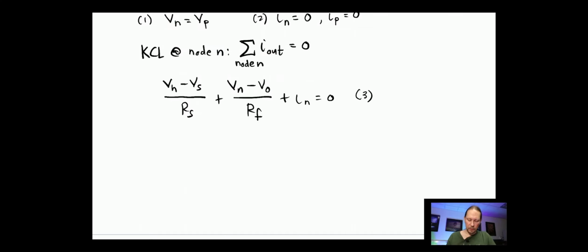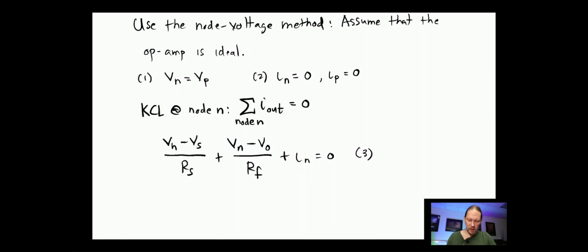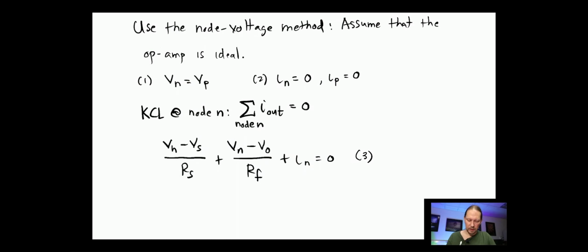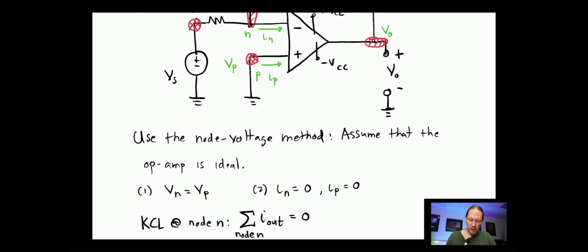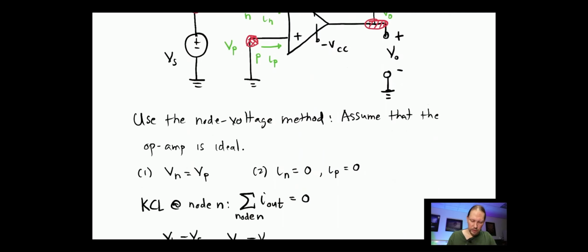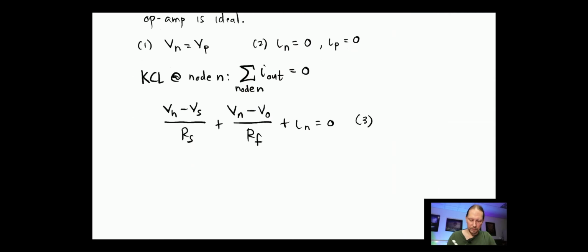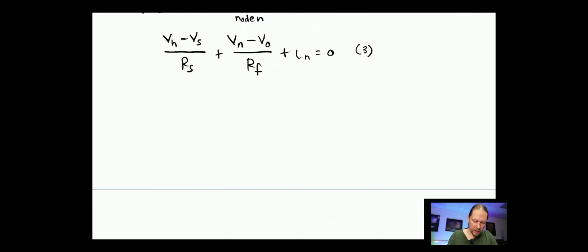Now, before we work with this equation and use equation number 2 to simplify it a little bit, I do want to make one observation. And it really has to do with what is the node voltage V sub p. So let's make a quick observation. Now, the node P is connected to it.